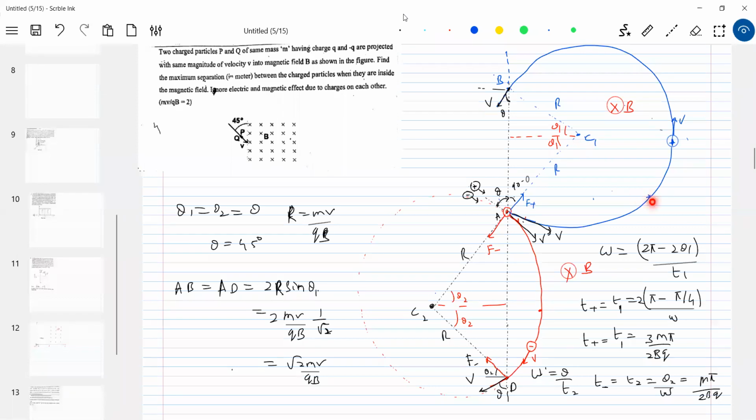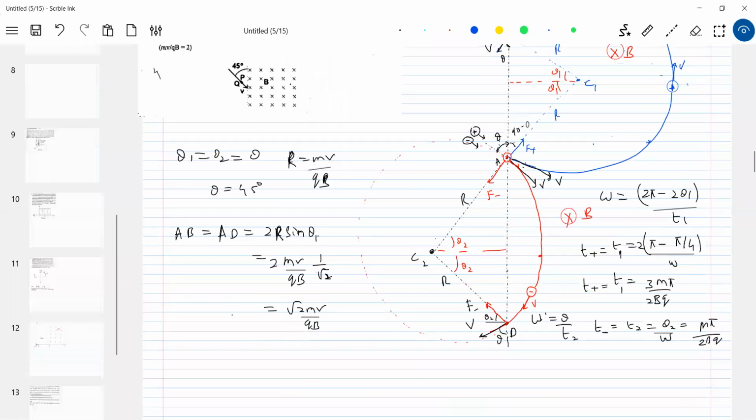Exactly opposite to this. This will be 90. Because this angle should be 90. I'll give two better diagrams, it'll be easy for you.